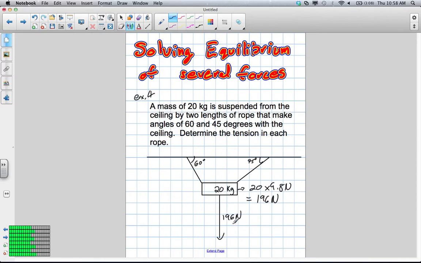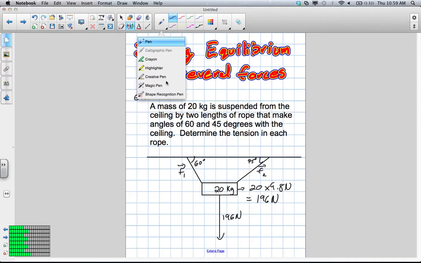Now, in this question, it's assumed that this thing isn't breaking the ropes and falling down, nor is it swaying any which way. It's sitting exactly where it is. Think of it like a chandelier. So it's in equilibrium. In other words, the tension on these 2 ropes, we'll call this force 1 and force 2, needs to be applying a force that is in equilibrium with the force heading downwards.